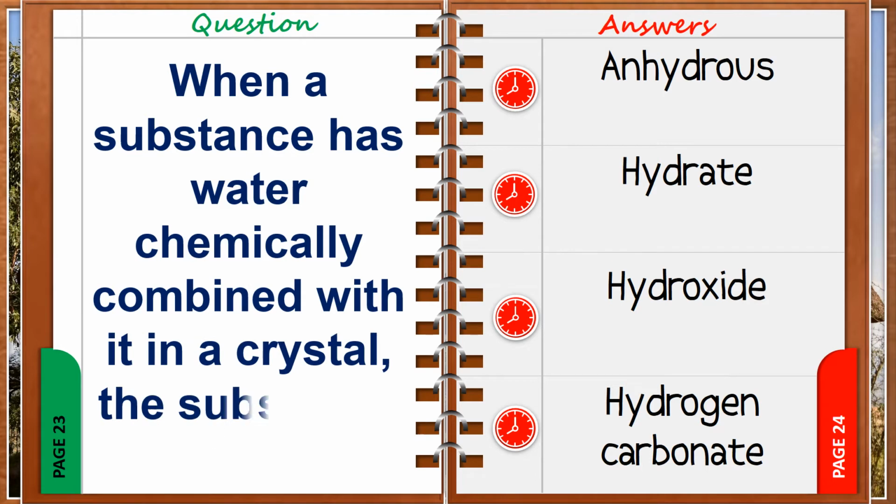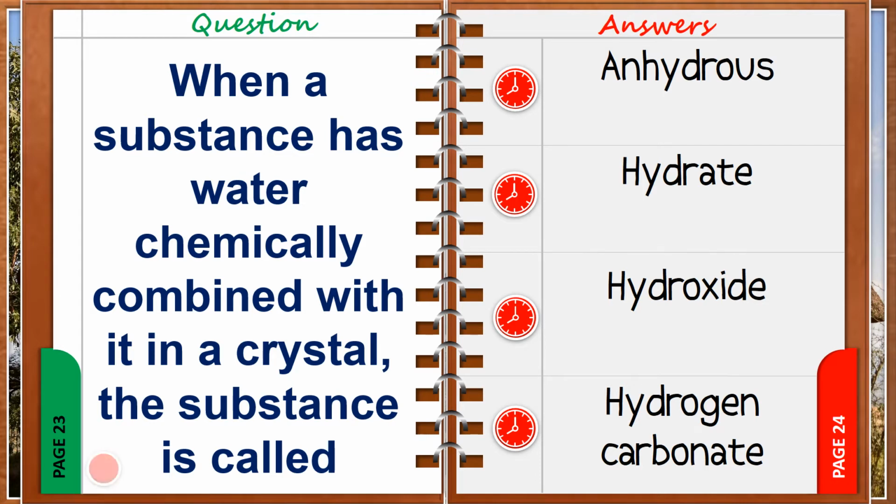When a substance has water chemically combined with it in a crystal, the substance is called hydrated.